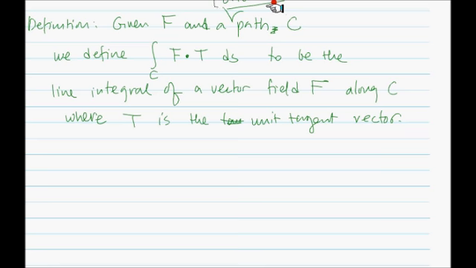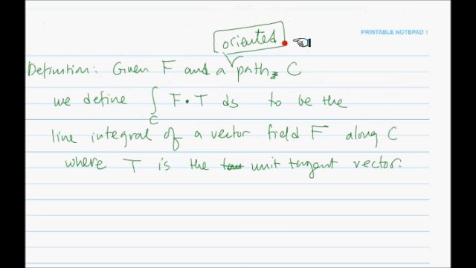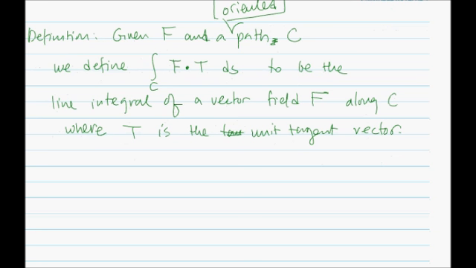This definition is not sensitive to the parameterization, but it is sensitive to the orientation of the parameterization of C. So when we specify C, you have to give the orientation of C. It's going from where to where. If you state it like this, there's nothing ambiguous in the definition. T is uniquely determined whenever we have an oriented path C. So conceptually, everything makes sense.